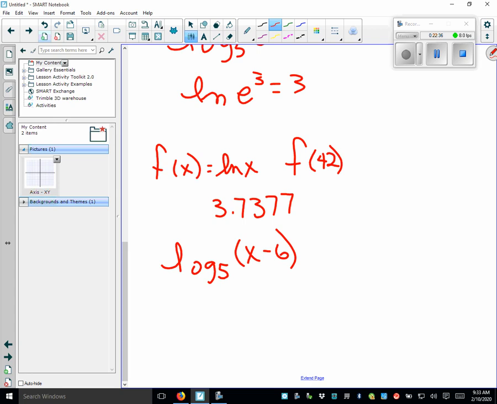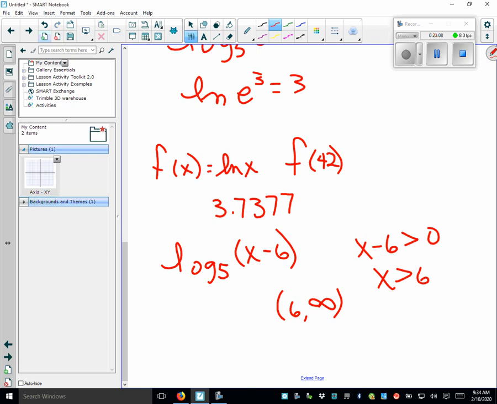X minus 6 is greater than 0. Remember, what I take the log of has to be a positive number. X is greater than 6. So how do I write that? 6 to infinity?